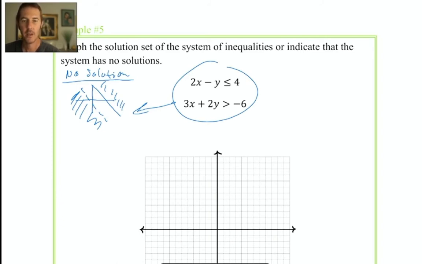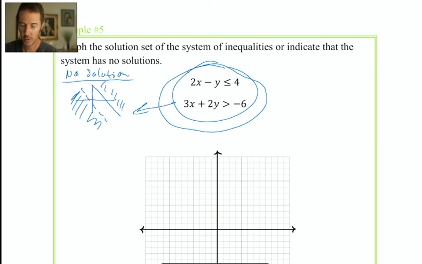Again, if we graph these two inequalities and the shading does not overlap anywhere, then the system has no solution. There's no point that would satisfy both inequalities.